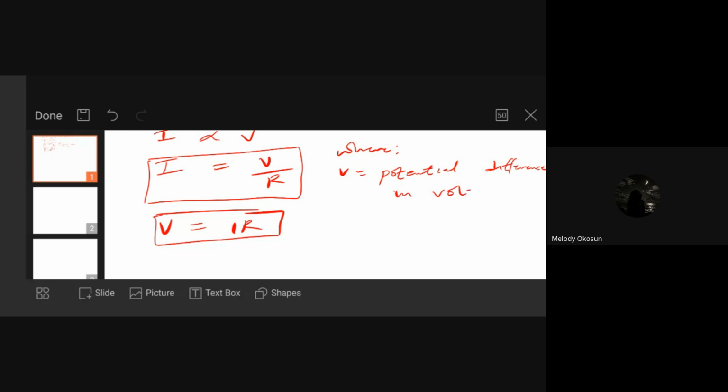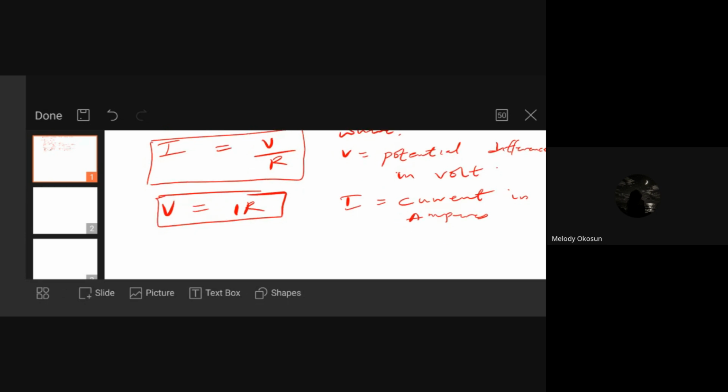So the unit of potential difference is volts. Current, I, is my current in amperes. The unit for current is amperes, with the symbol A. And my R is resistance in ohms. So the unit for resistance is ohms, and this is its symbol.